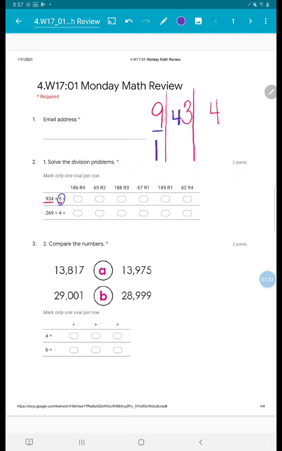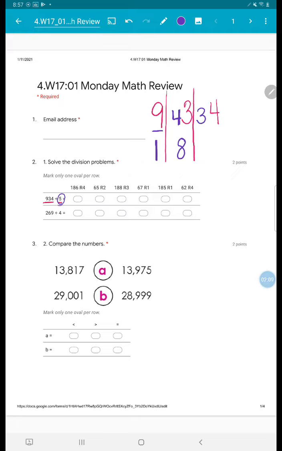I know 8 times 5 equals 40. So I could give each group 8. That would use 40 of the 43 that I have. So I would have 3 left over. And I'm going to take those 3 tens, and I'm going to make those into ones. So now I have 34 ones.